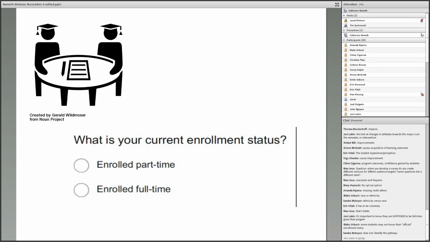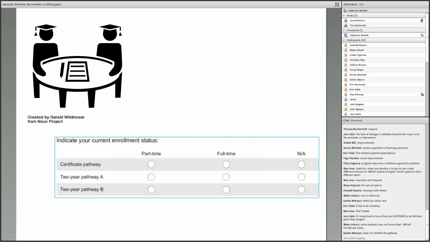But let's imagine, again, our context, and we want to be specific to our context, and instead ask students a prompt such as this with multiple options, so that we have not just one layer of information, but many layers of information.